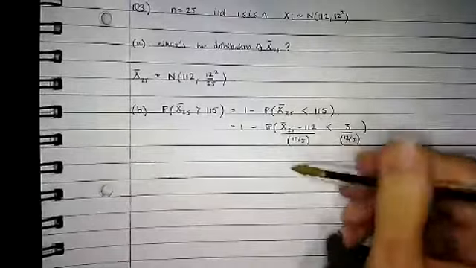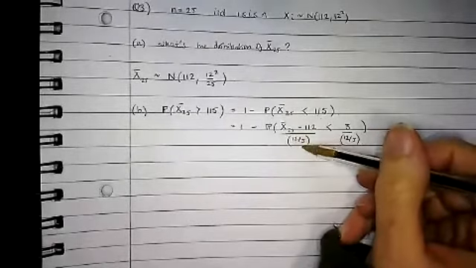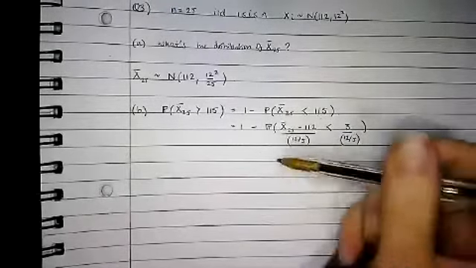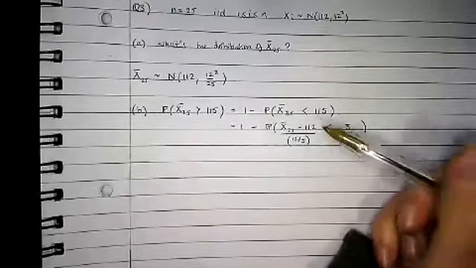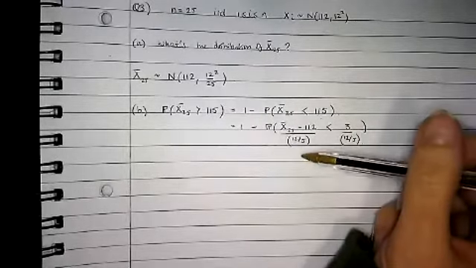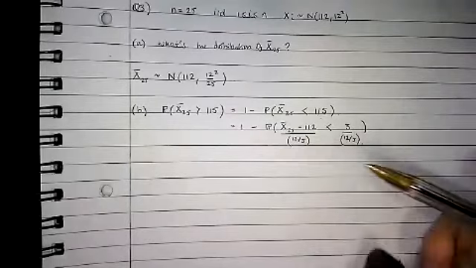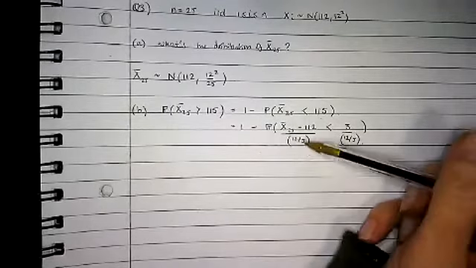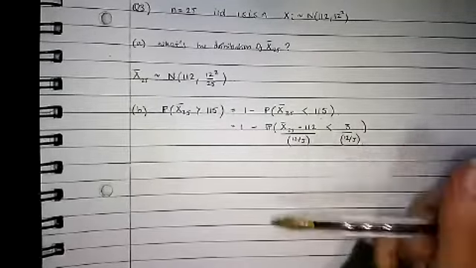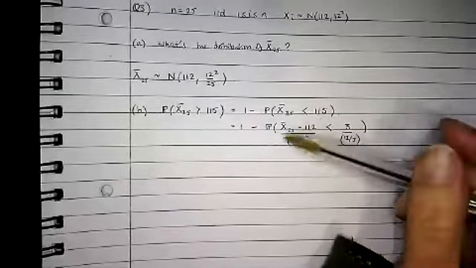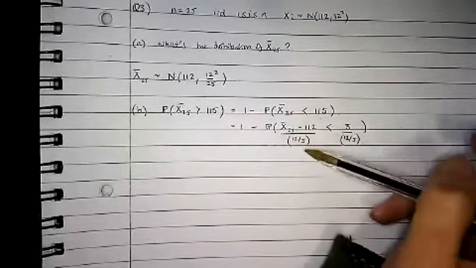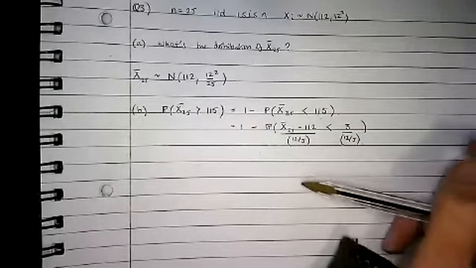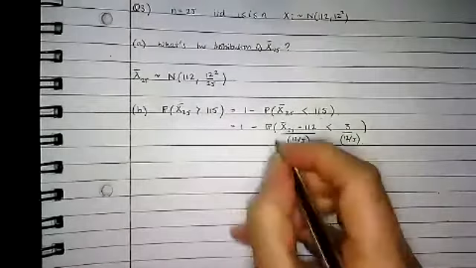I forgot to take the square root, so I put 12 squared divided by 25 here, and somebody pulled me up and said, hang on a second, you're meant to be dividing by the standard deviation, not the variance. And in the previous class, again, somebody asked me the same thing: where's the square gone? So just be careful when you're standardizing, you divide by the standard deviation, not the variance.